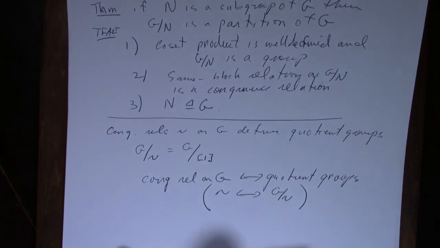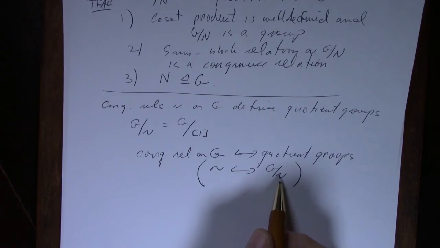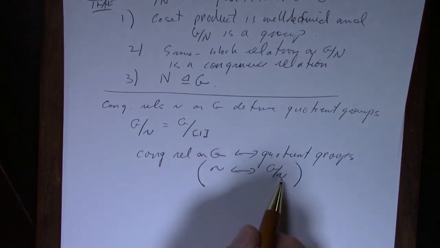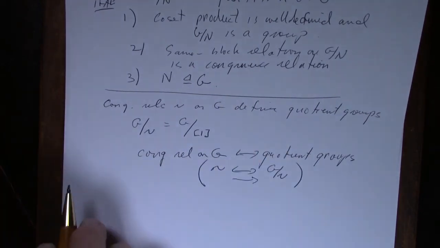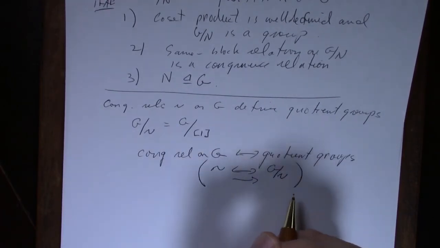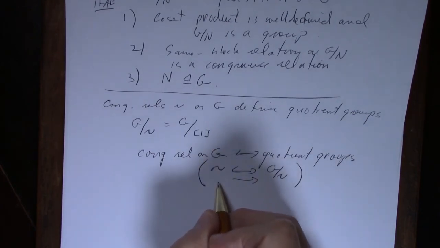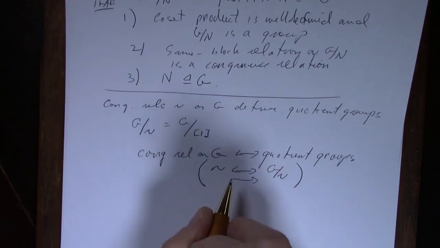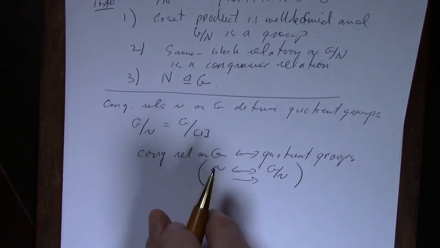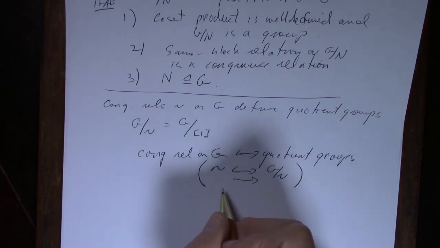And it's a bijection. It's a surjection kind of by default because we defined this quotient using a congruence relation. So this map in this direction is surjective. But it's bijective because if we have two different congruence relations, then because the congruence relation is determined by what is congruent to the identity, two different congruence relations will have two different special blocks.